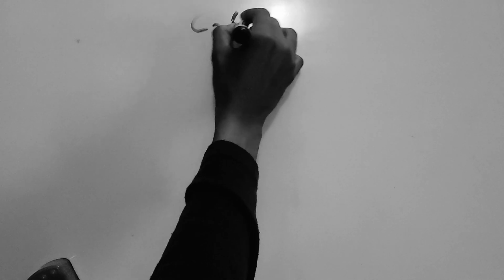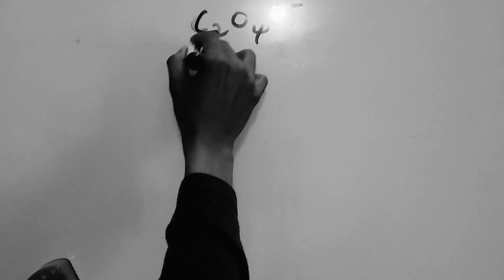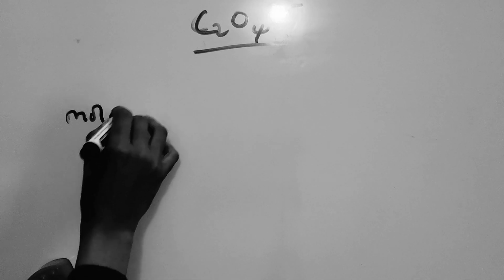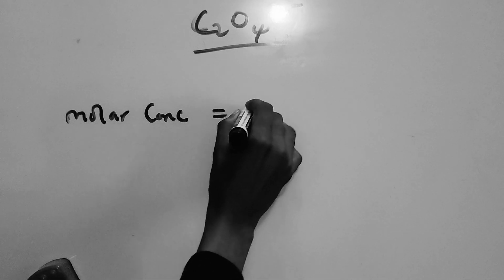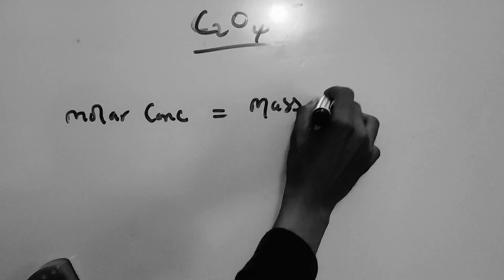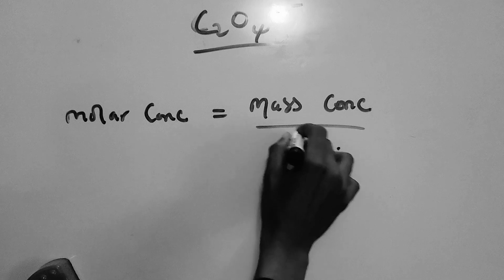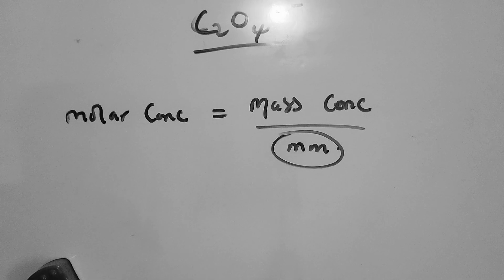This is now the oxalic acid, the oxalate ion, C2O4 2 minus. We want to determine the molar mass of the oxalic acid. Now, remember, we have a relationship that says molar concentration equals mass concentration divided by molar mass. This is what we're interested in.